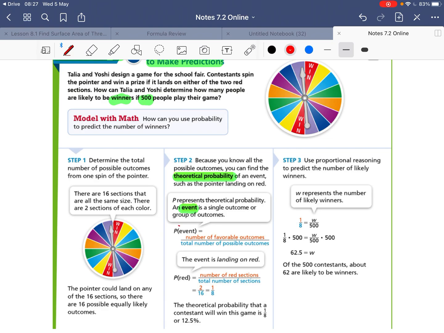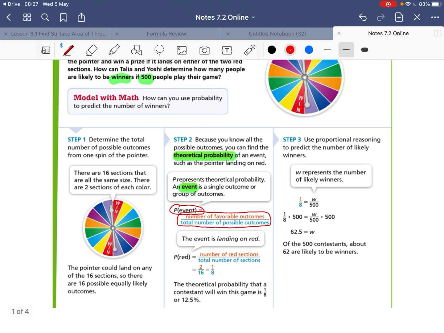So the probability of the event is equal to the number of favorable outcomes, meaning the number of outcomes you want, out of the total number of possible outcomes. So the favorable outcome here is landing on red. So probability of landing on red is number of red sections out of the total number of sections.